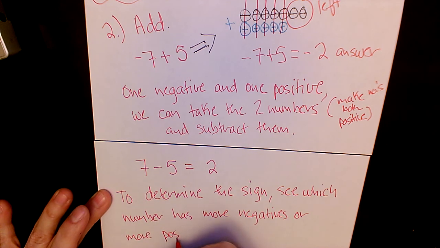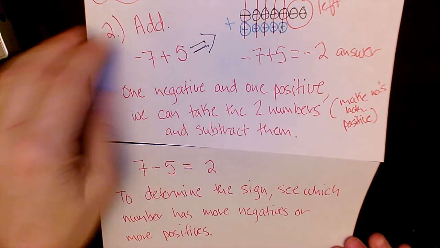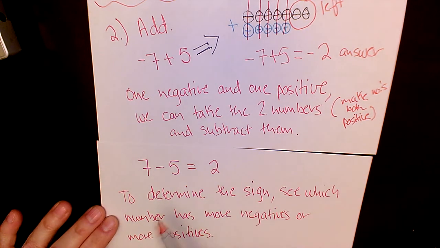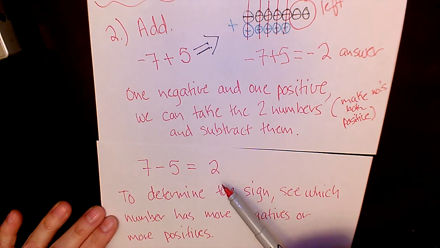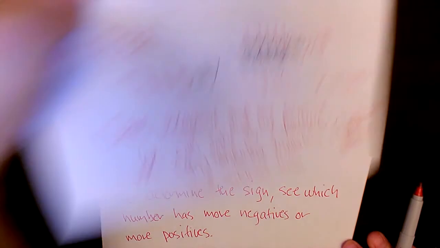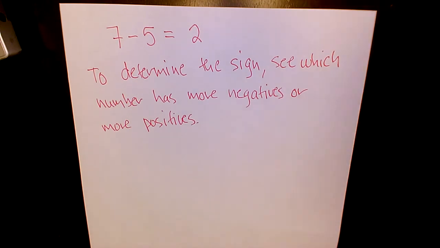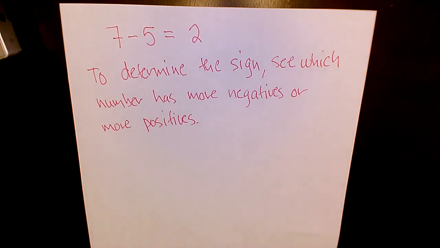And that's the sign you're going to go with. Okay? So we made these a +7 minus a +5, and we subtracted and we got a 2. Now I need to know what sign am I going to go with the answer. What sign is going to go with the answer?